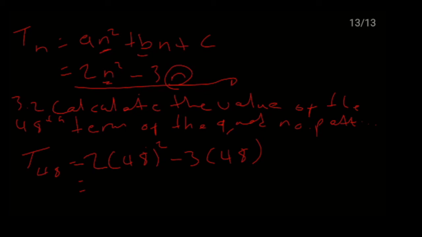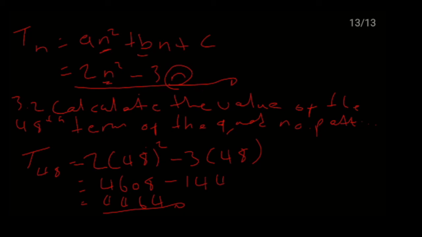And then we can just punch this in our calculators and see what we get. 48 squared times 2, which is 4608, minus 3 times 48, which is 144. We say 4608 minus 144, which is 4464.